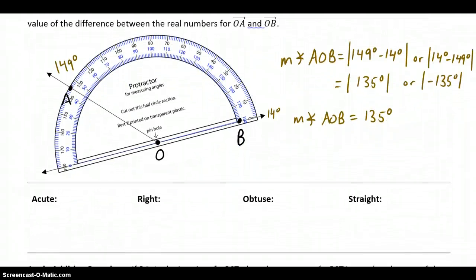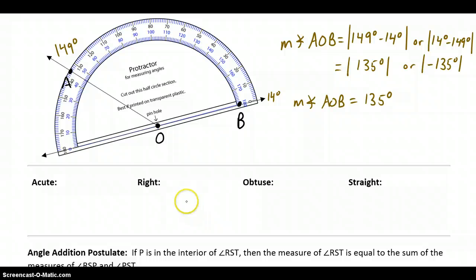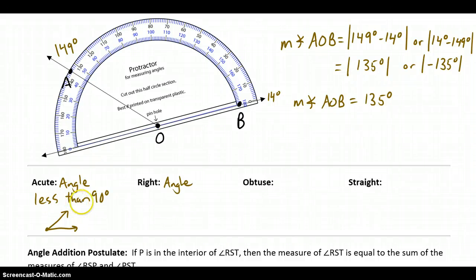There are 4 kinds of angles. After I measure an angle, I can classify it. An acute angle has a measure that's less than 90 degrees. Think of acute as little. A right angle has a measure equal to 90 degrees.